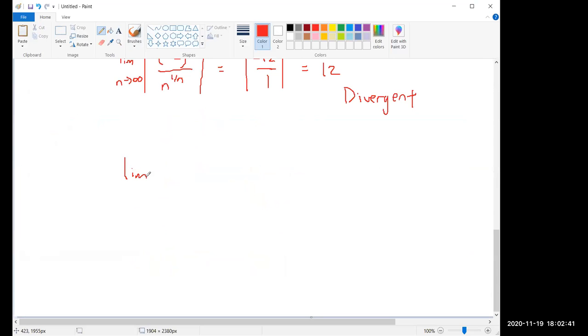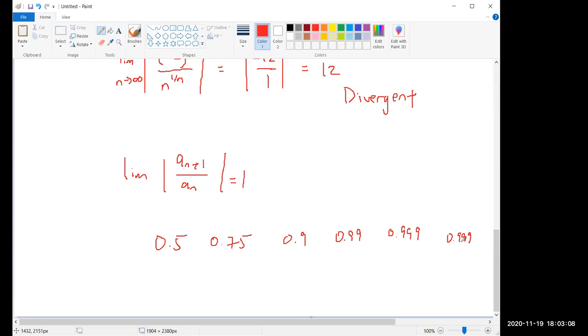If the limit of a sub n plus 1 over a sub n equals 1, as you go further and further into the series, you might get something like 0.5, 0.75, 0.9, 0.99, 0.999. So in this case, you can see that the ratio is slowly becoming 1, right?